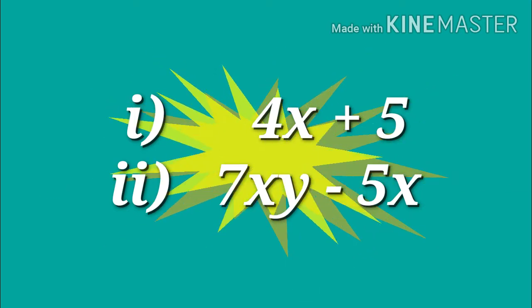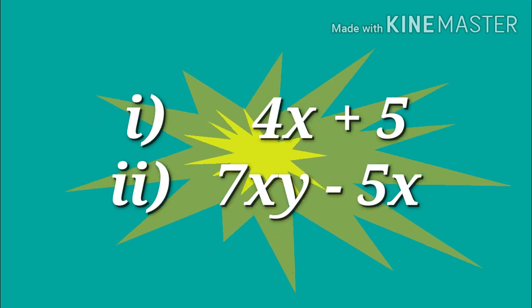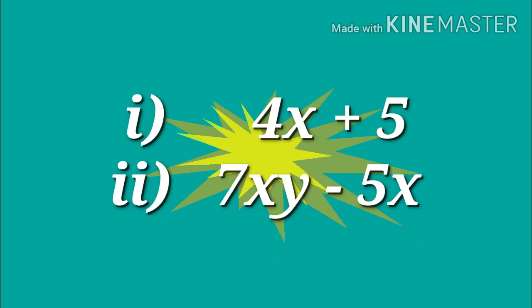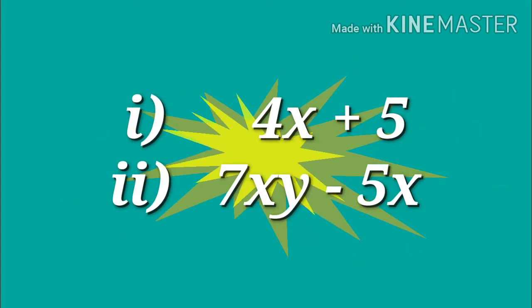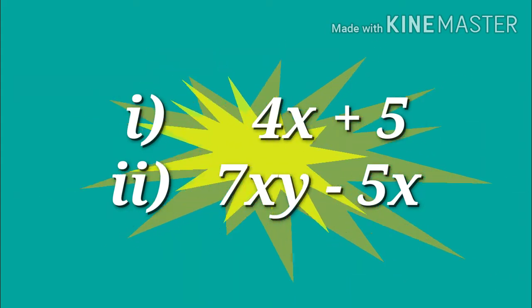Multiply ले छुट्टाउँदैन. Terms लाई चाहिँ either it is separated with plus or minus. For example, 4x plus 5. Just look at here. In between 4x and 5 there is plus sign. Means here we'll get the two terms. One is 4x, another one is 5.